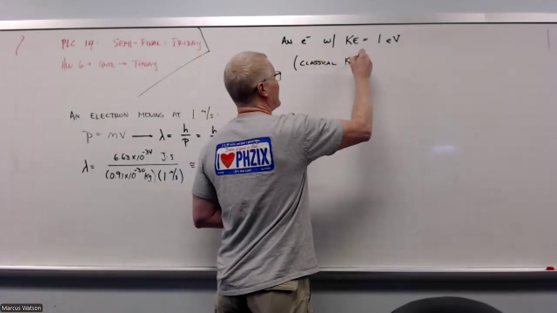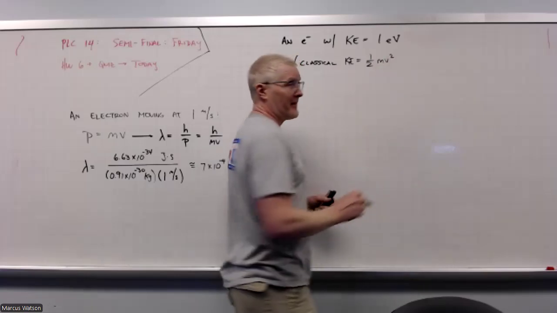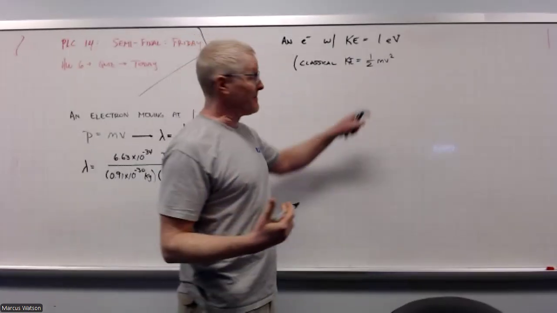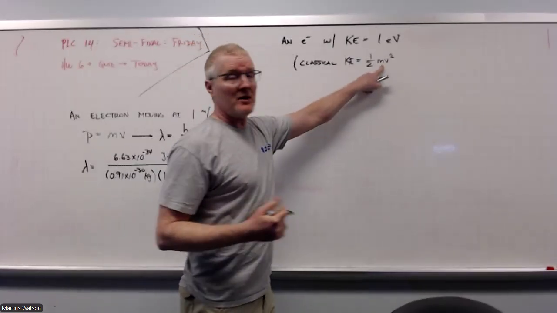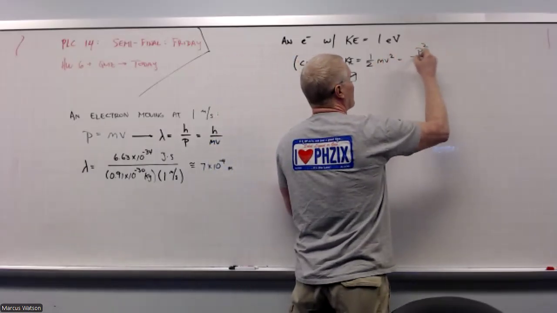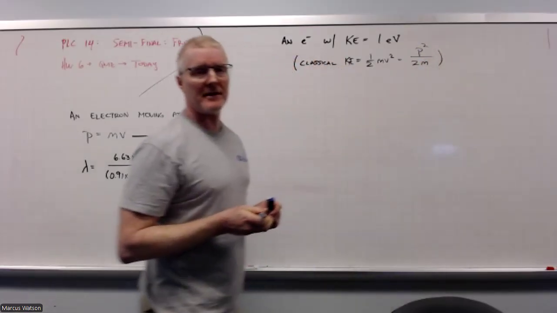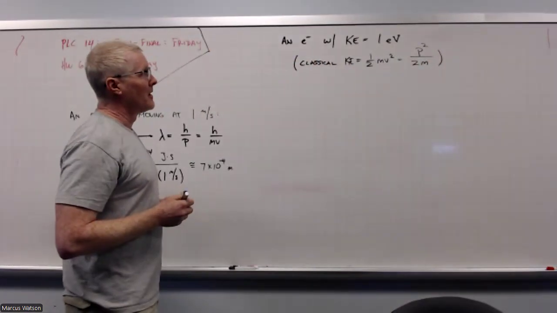This is a classical kinetic energy, which is equal to 1/2 mv squared. If I rewrote that in terms of momentum, you'll see I've got an mv here. So really all I have to do is square the momentum and divide by 2m, and I will have the kinetic energy in terms of the momentum.